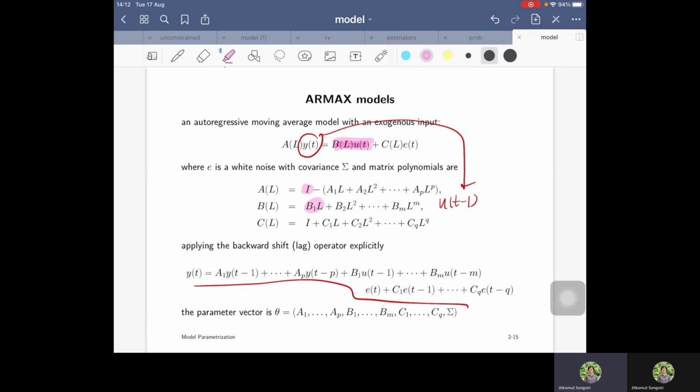And the C polynomial starts with I, which means it represents some instantaneous effect from E_t to Y_t.